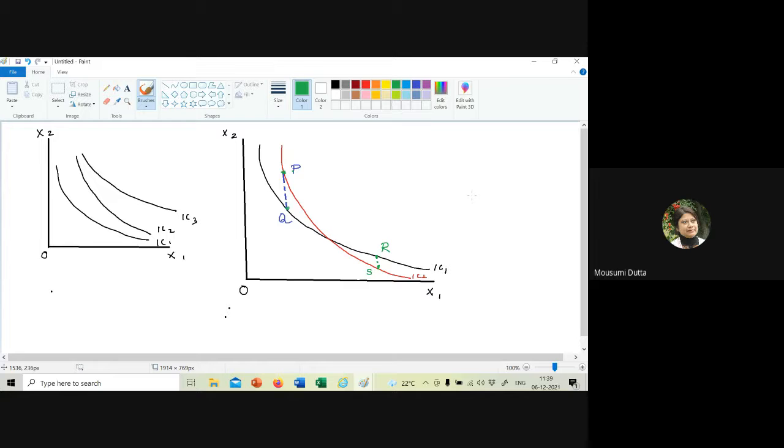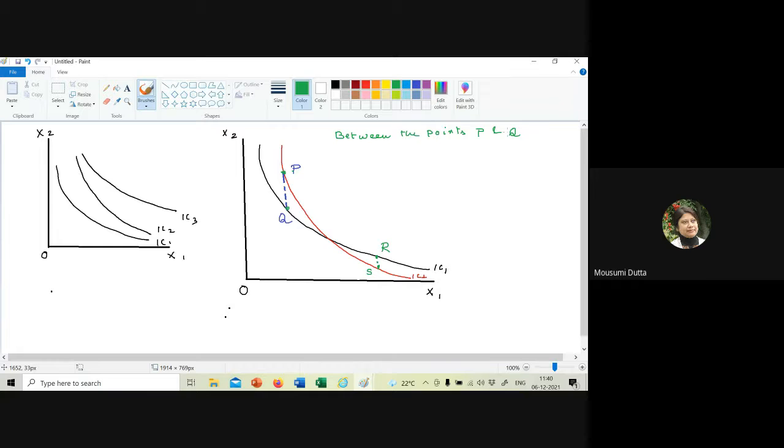I'm talking between the points P and Q. P consists of more of X2 compared to Q. However, both consist of an equal amount of X1.